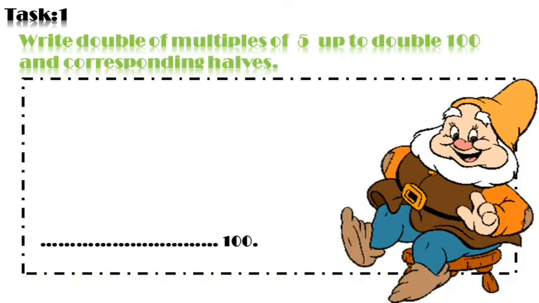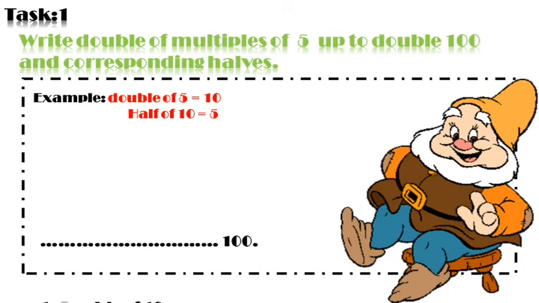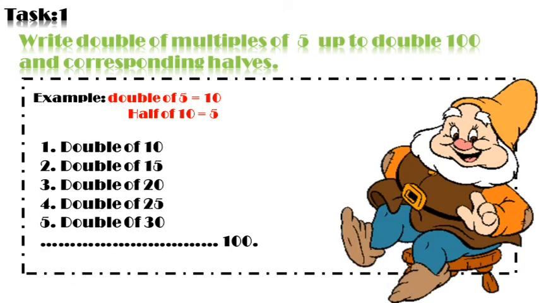What you need to do here is write double of multiples of 5 up to double 100 and corresponding halves. Example, double of 5 is equal to 10 and half of 10 is equal to 5. Here is how you need to do it. You need to find double of 10 to 100.